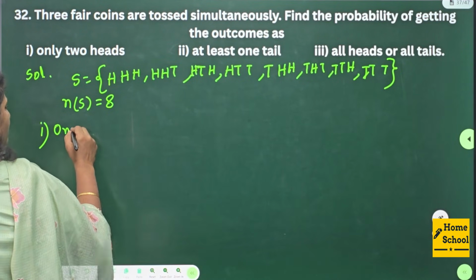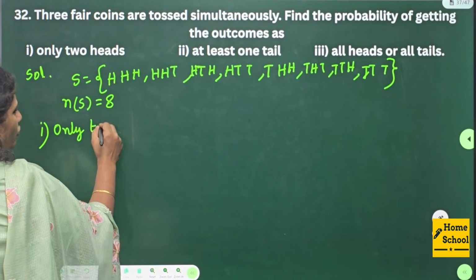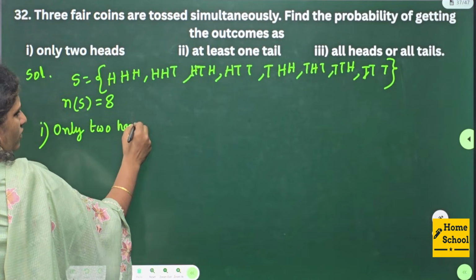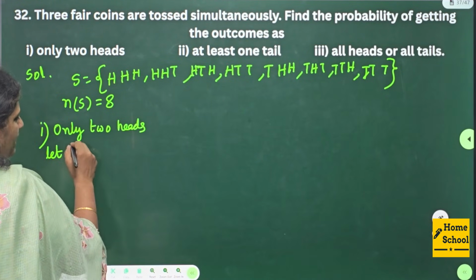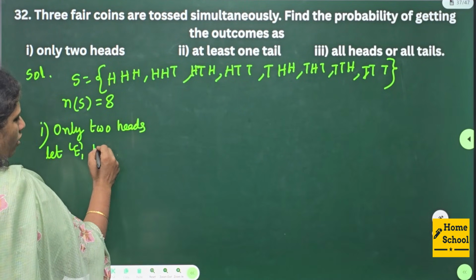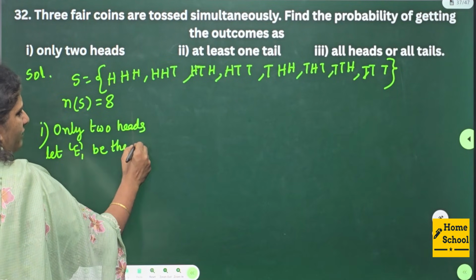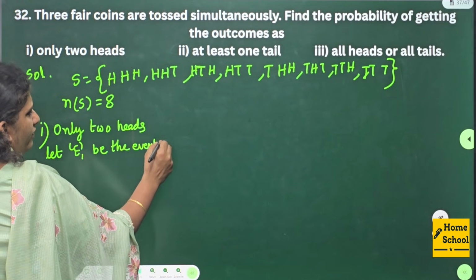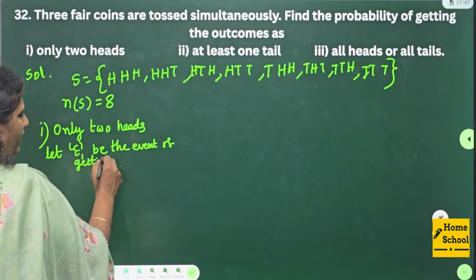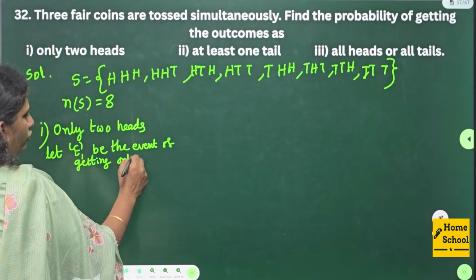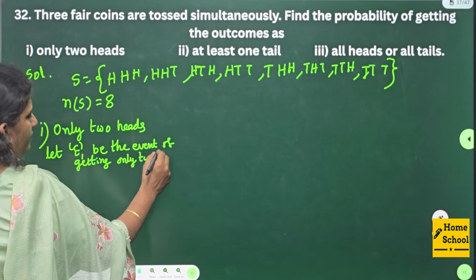Only 2 heads. Only 2 heads. Let E1 be the event of getting only 2 heads.